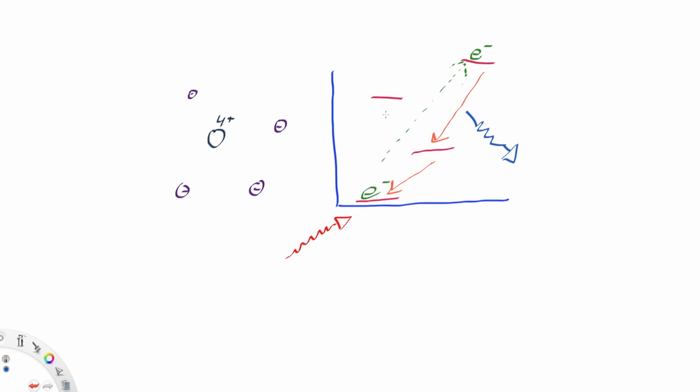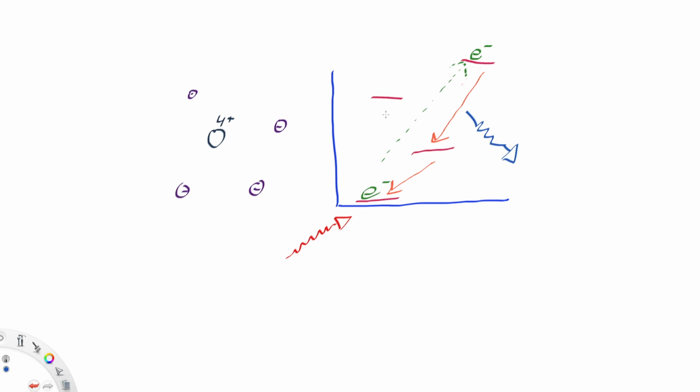So that means, in principle, that if we want information about the energy levels of an atom, one way to do that is to excite it in some way, electricity, heat, whatever way we want to do that.